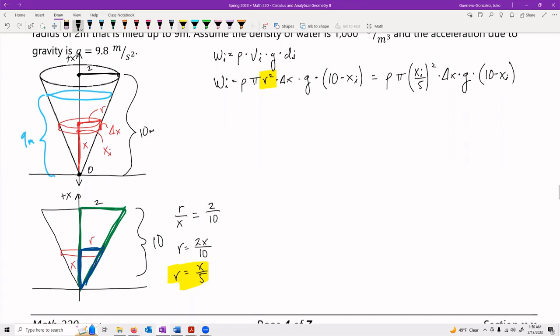This right here is my final expression for moving my ith disk out of the tank.